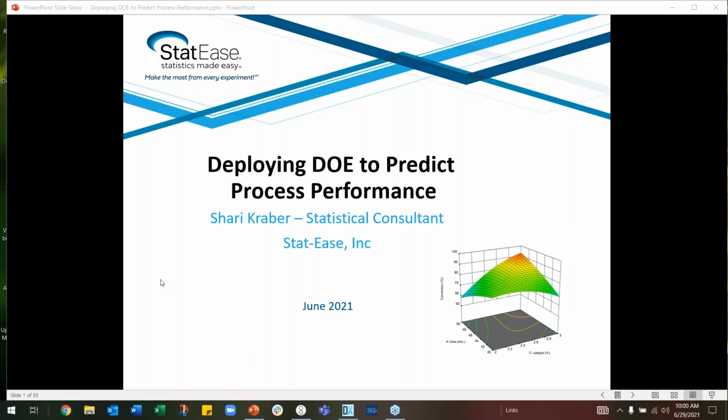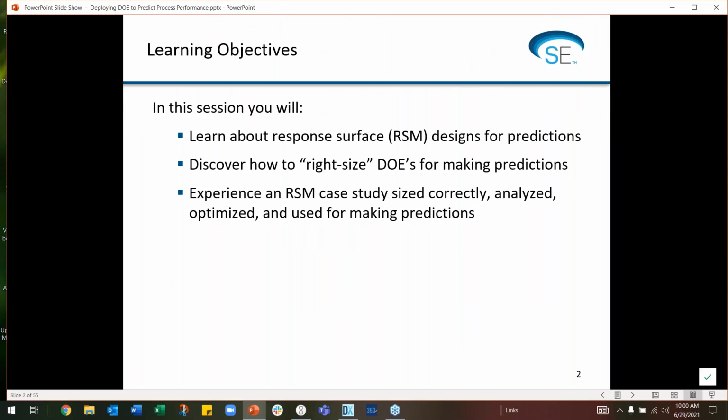Today's topic is using DOE, specifically response surface designs, to predict process performance. We're going to learn about using response surface designs for making predictions, and that includes the big topic of how to size designs correctly for making these predictions.